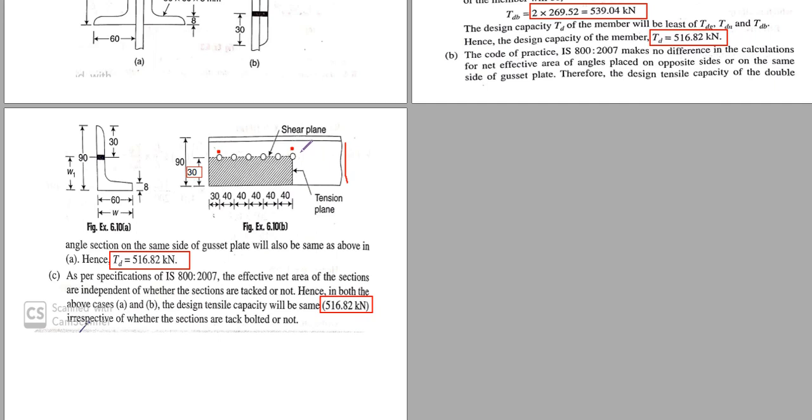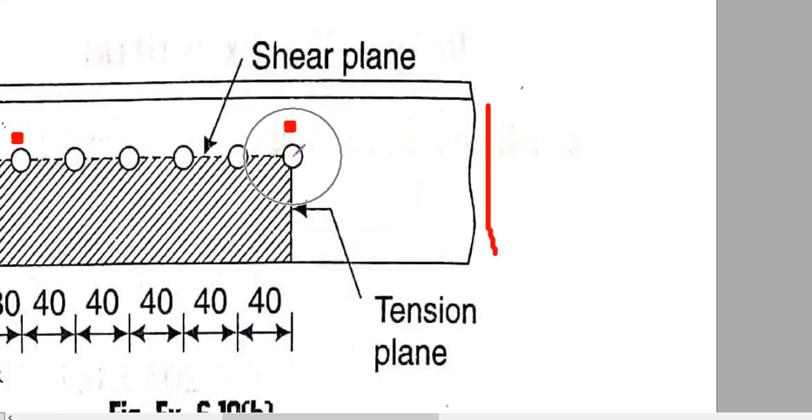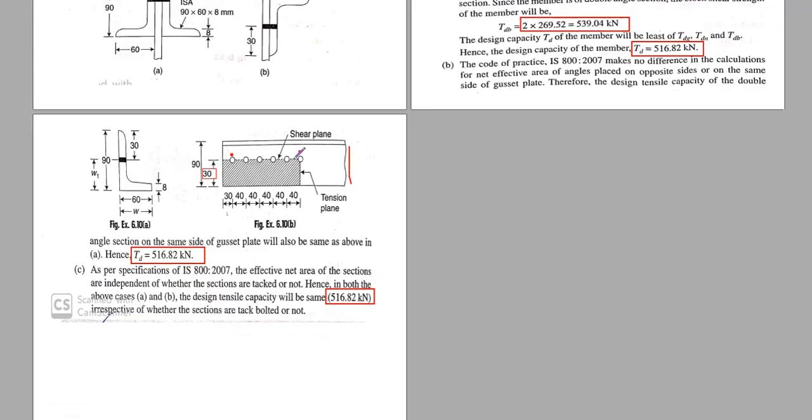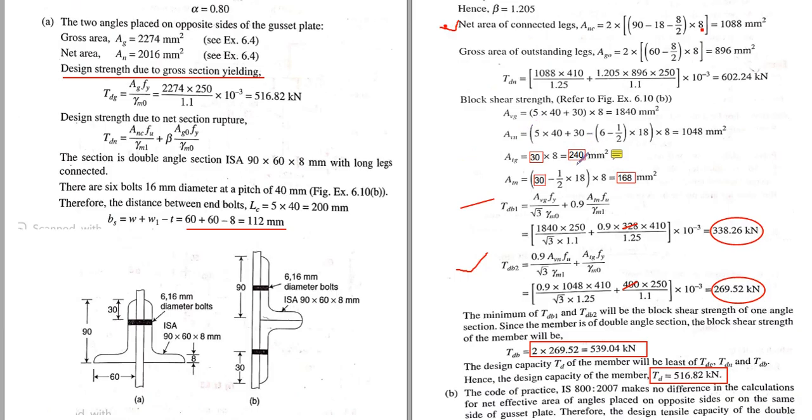In case of Atn, it is 30 minus half the diameter, that means the radius should be deducted from the center to find the net length. That should be multiplied by the thickness, so you can find Atn like this.